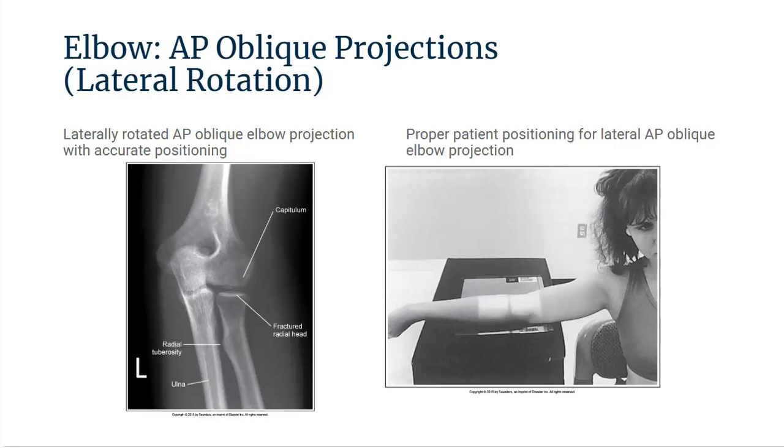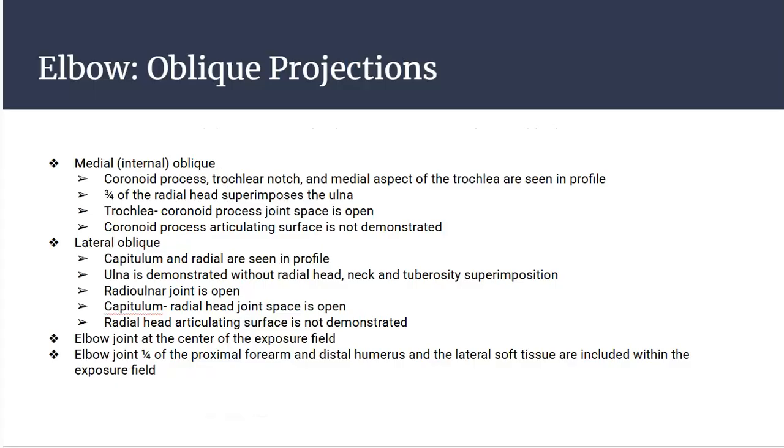The capitulum radial head joint space is open. The radial head articulating surface is not demonstrated. The elbow joint is at the center of the exposure field, and the elbow joint, 1/4 of the proximal forearm and distal humerus, and the lateral soft tissue are all included within the exposure field. Here are those image analysis guidelines for your review.